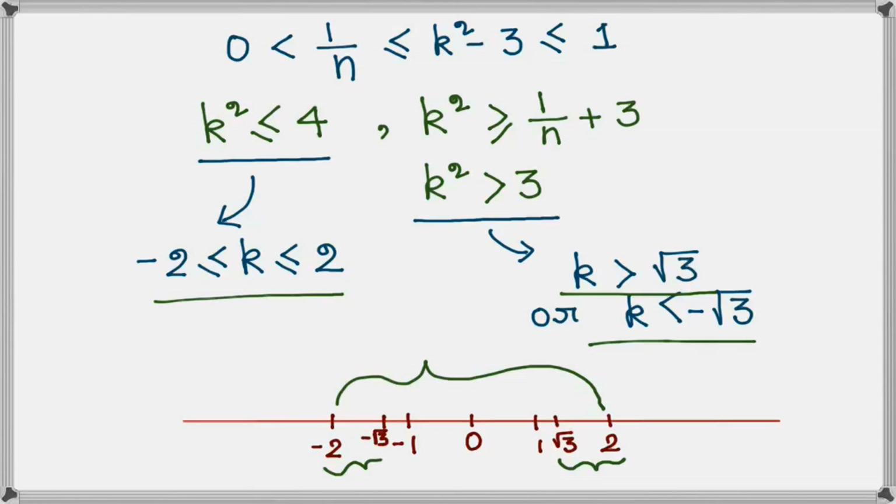in this region. Therefore, we have the possible range of k to be closed interval -2 to open minus square root of 3, union open interval square root of 3 to closed interval 2. Now we look at the options given to us.